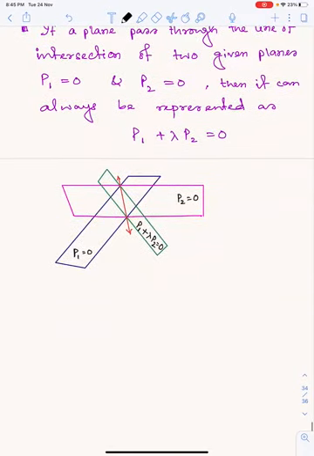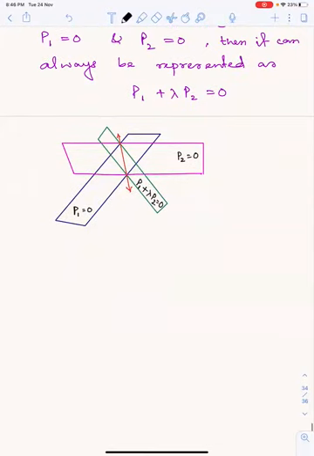Next, consider angle bisectors of two planes.